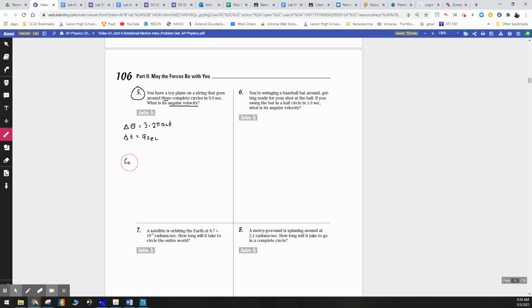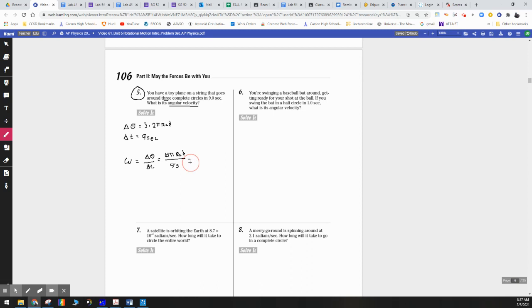So we know that omega is equal to delta theta over delta t. And delta theta is going to be 6 pi radians, divided by 9 seconds.